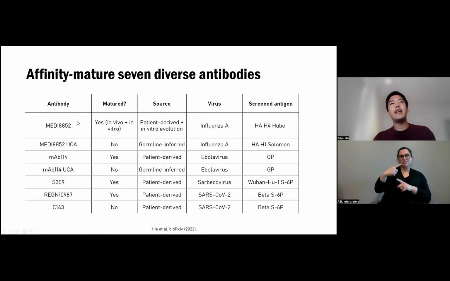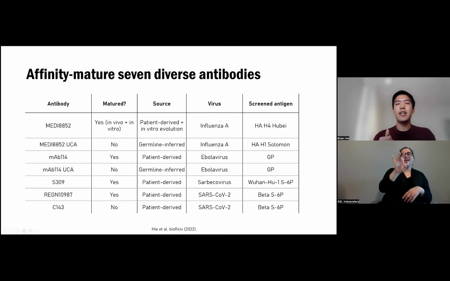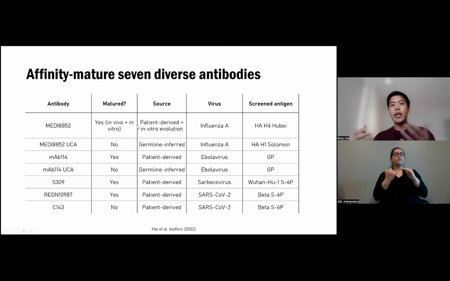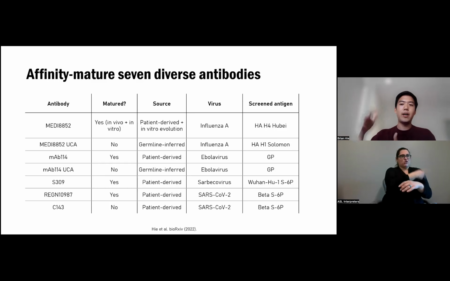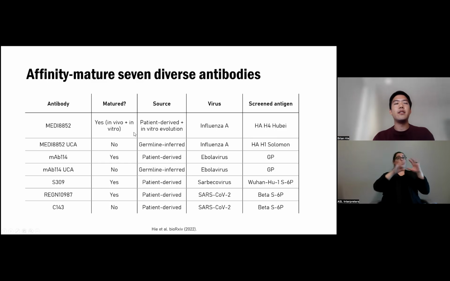MEDI8852 is a highly matured antibody whose parent was isolated from a patient and then optimized in order to bind different phylogenetic groups of influenza. There are 2 main groups, group 1 and group 2. It's very hard to have an antibody that binds to antigens from both. So this antibody went through a lot of in vitro evolution in order to expand its breadth.